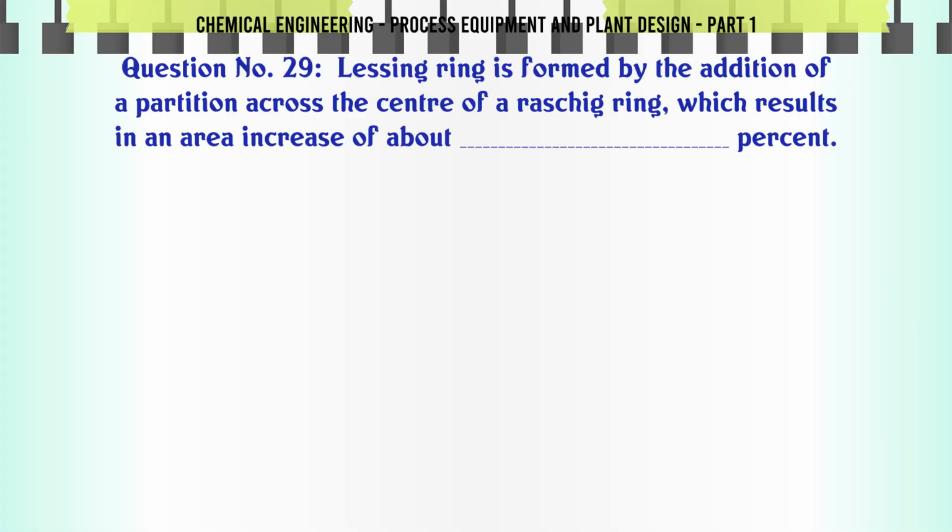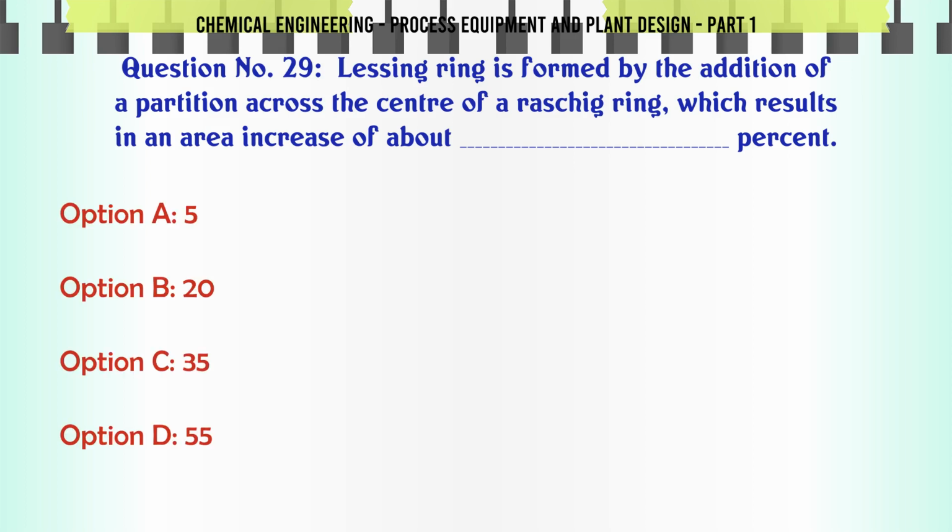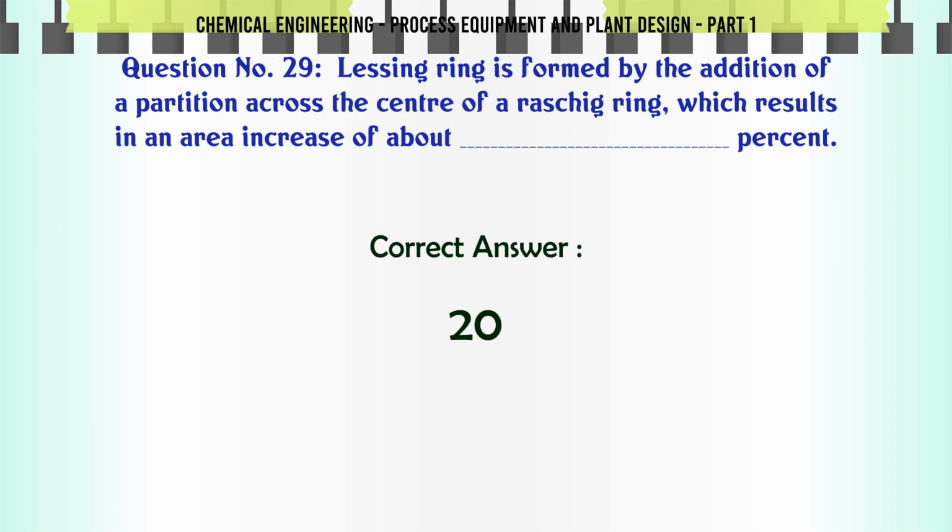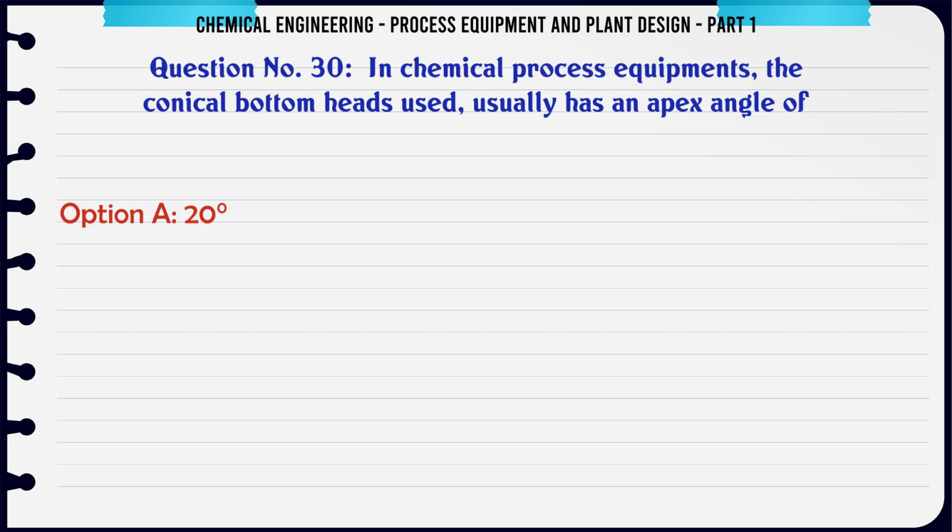Lessing ring is formed by the addition of a partition across the center of a Raschig ring, which results in an area increase of about blank %. A. 5. B. 20. C. 35. D. 55. The correct answer is 20. In chemical process equipments, the conical bottom heads used usually has an apex angle of A. 20 degrees, B. 40 degrees, C. 60 degrees, D. 80 degrees.